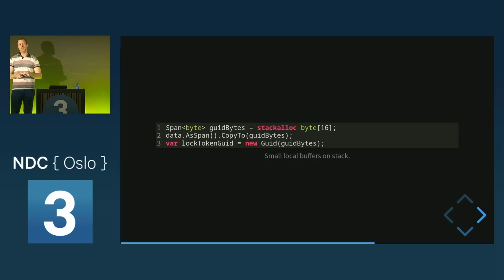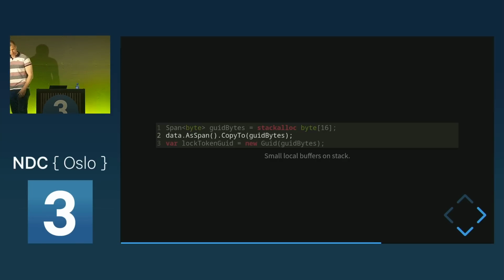And what's pretty cool is the garbage collection is not really involved, because whenever the method returns, the memory is just going to be freed up, and that is really fast, and then you don't interfere with the GC. I'm going to talk a little bit more about the span and read-only span types a little bit later. But we can use stackalloc, and then we stackalloc 16 bytes, and then we can copy the bytes that we got.